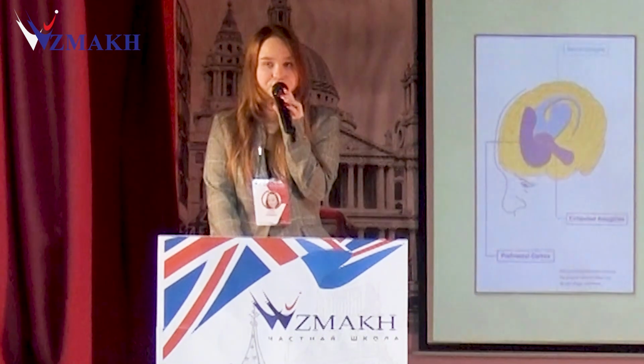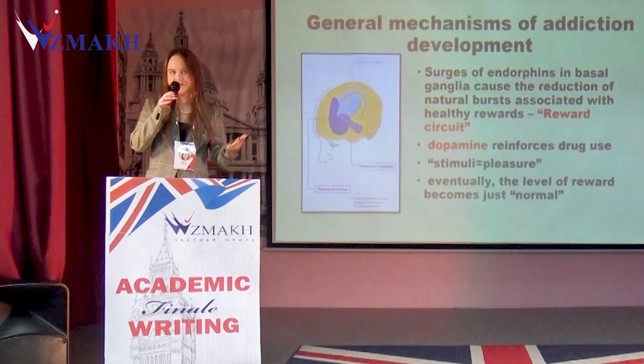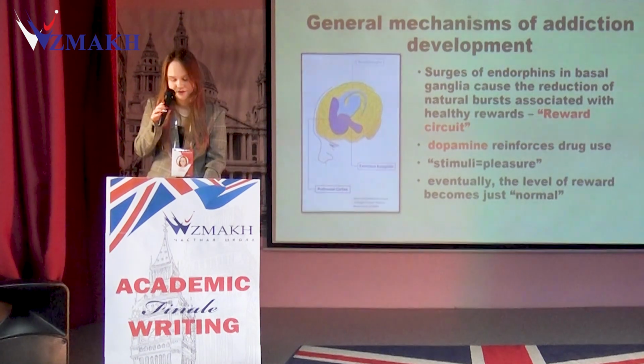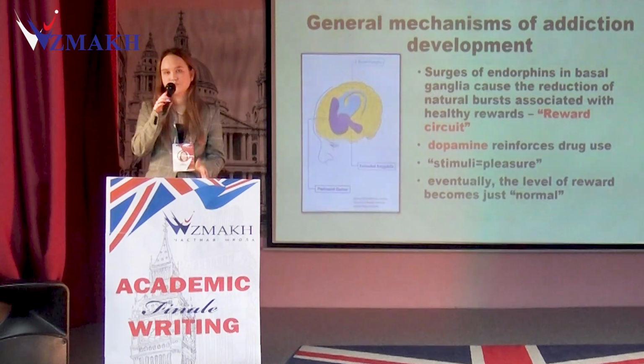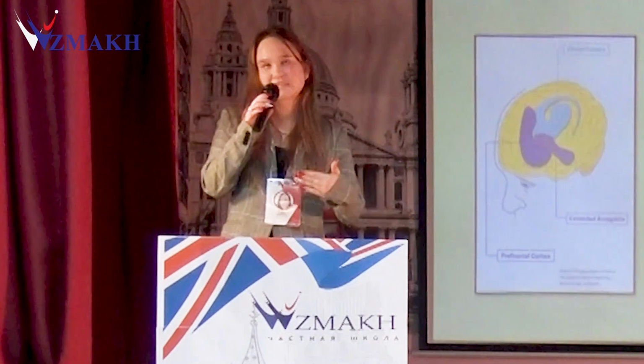When drugs are taken, they cause neurotransmitters to surge, and as a result, diminish natural healthy rewards. Endorphins surge due to some natural rewards, which are usually something like food, sex, creative pursuits, and so on.